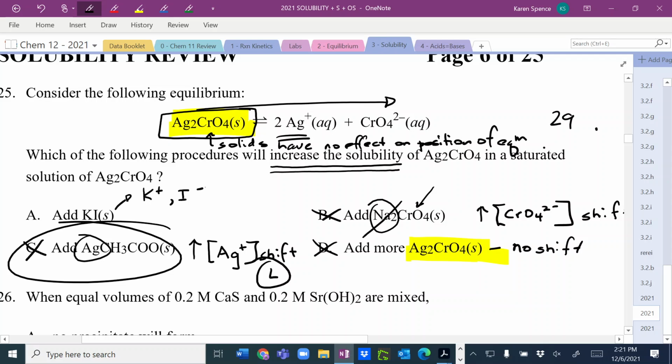Who could have an effect there? Yeah, Ag+ and I- can get together, and then the concentration of silver goes down. And then that shifts it to the right.